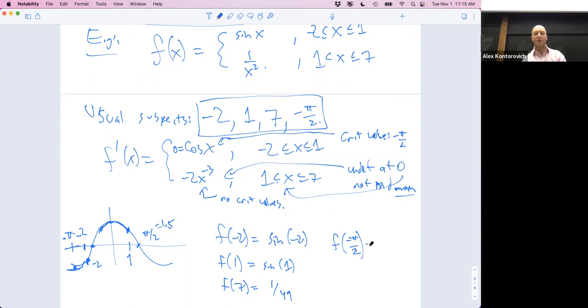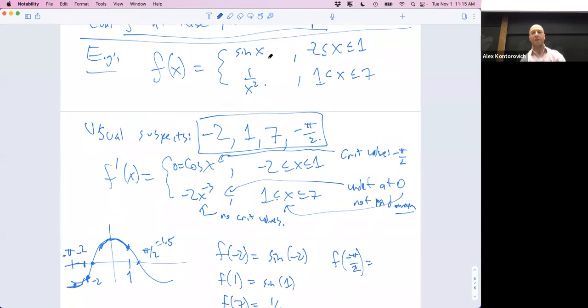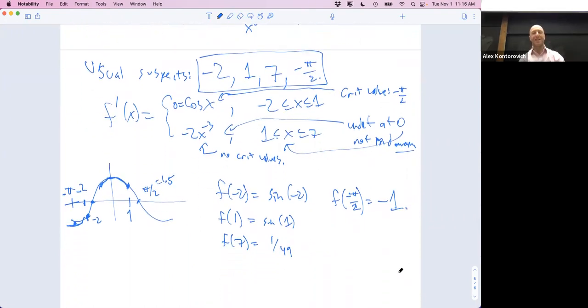Negative pi over 2 means we're in the realm of sine. And what is sine of negative pi over 2? -1. Okay. So now we can think about what this graph actually looks like. So we're going out to 1 with the sine function, and then down to -2 with the sine function.